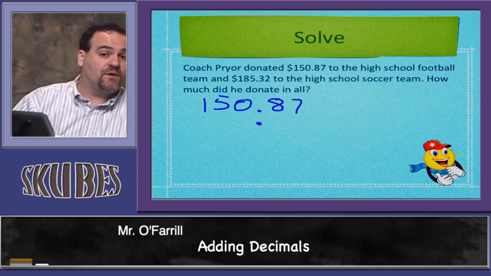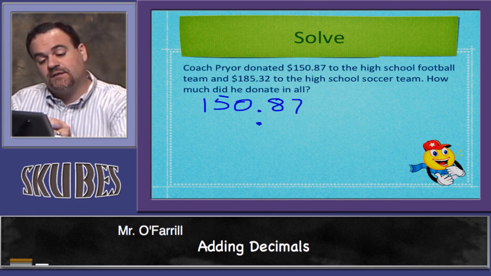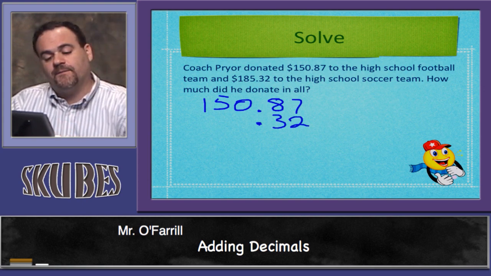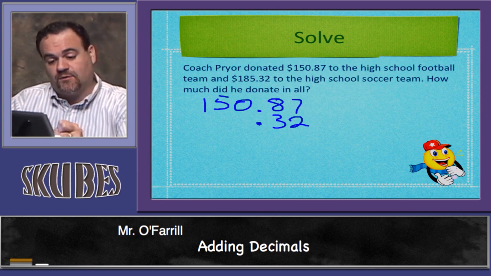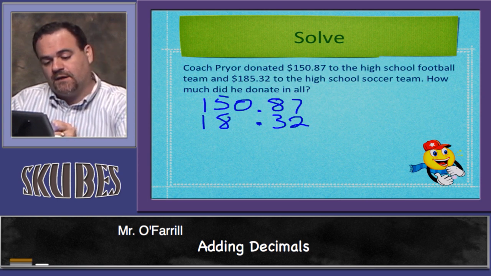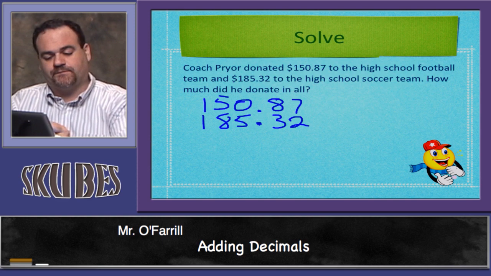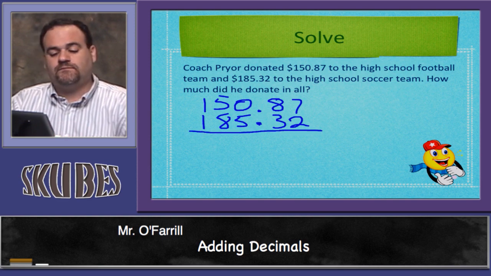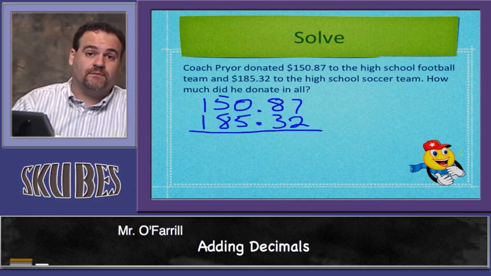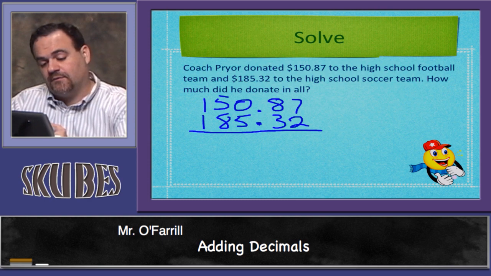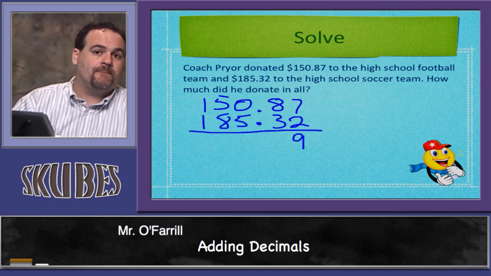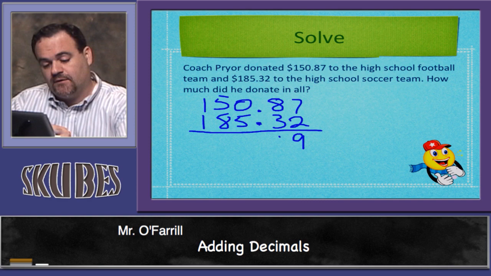I'm going to write the decimal first for this second one. To the right of the decimal is 32, and to the left of the decimal is 185. Add them together. 7 plus 2 is 9. 8 plus 3 is 11. There's our 1 there.